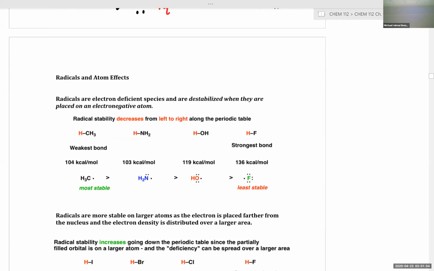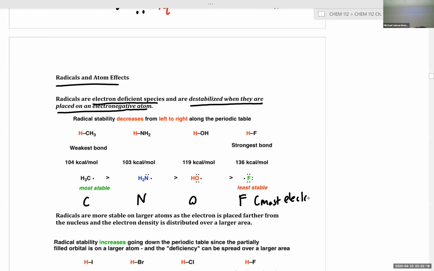So let's look at radicals and atom effects. Radicals are electron deficient species and they're destabilized when they're placed on an electronegative atom. For example, if we compare carbon, nitrogen, oxygen, and fluorine, fluorine is our most electronegative, and that's why it has the least stable radical.